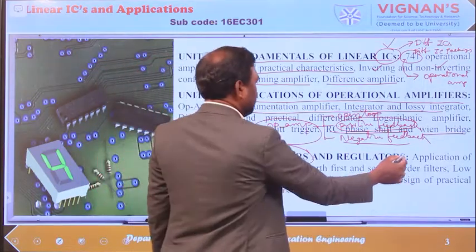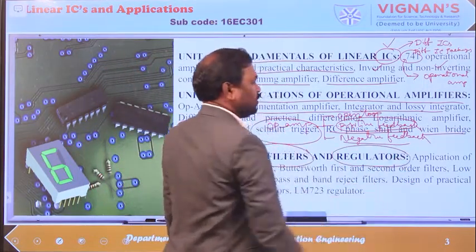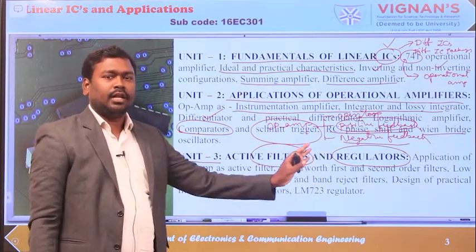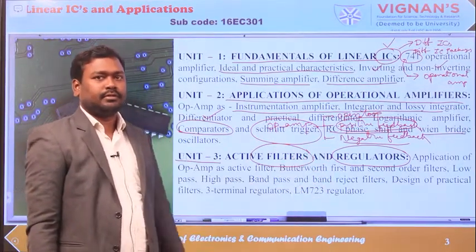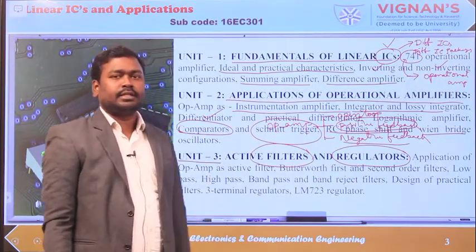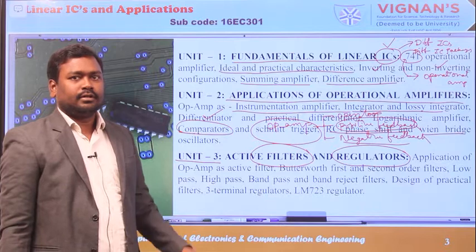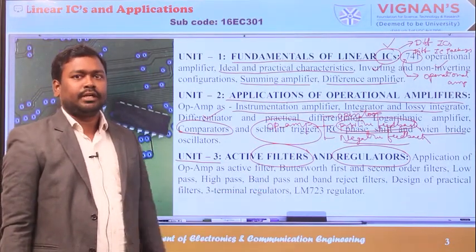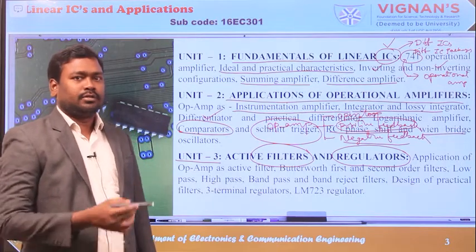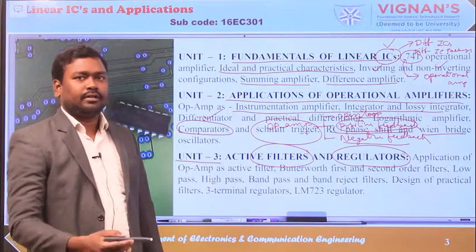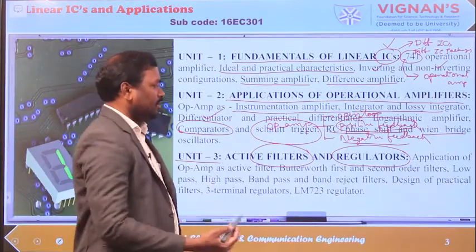Next one is about the regulators. You have already studied this topic in basic electronic devices and circuits. There you made the regulator using the discrete components. This subject is mainly about the integrated circuits. So here we will see different ICs for regulators.